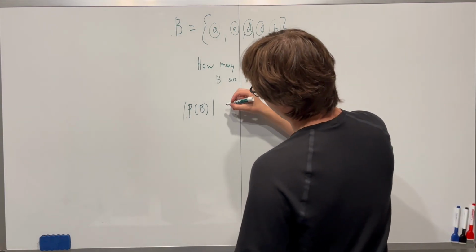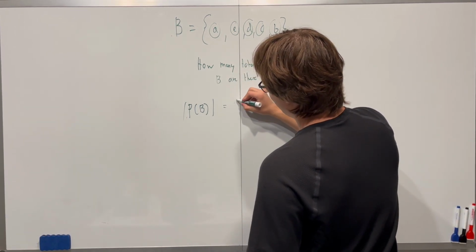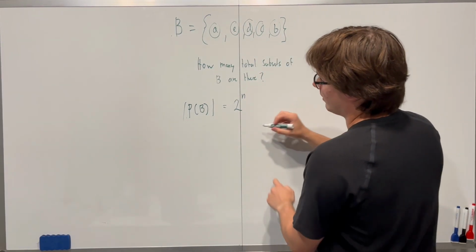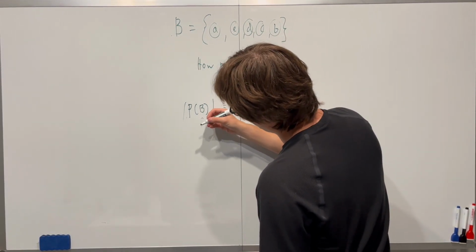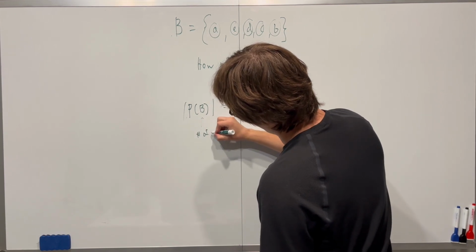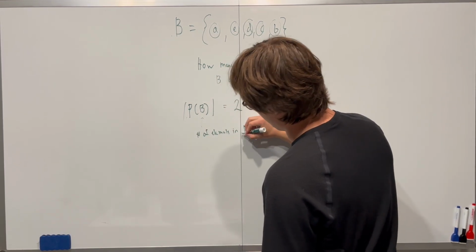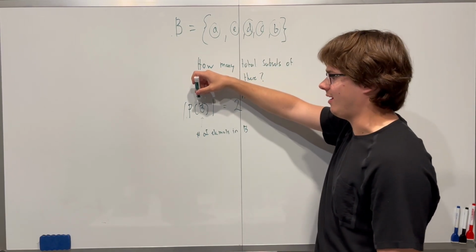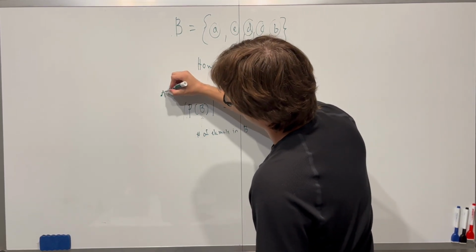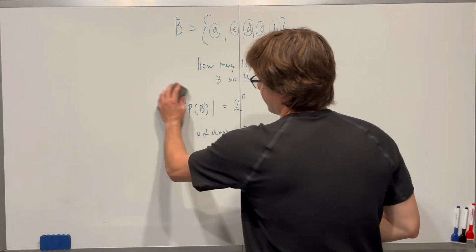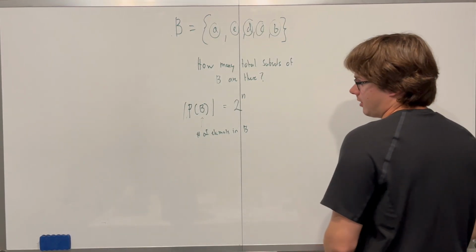And we found out that the answer to this is going to be 2 to the power of n, where n is going to be the number of elements in B, the number of elements of whatever set you have here. In fact, this could be 2 sets, right? This could be B union A union B, and so on and so forth, which we'll get to later.